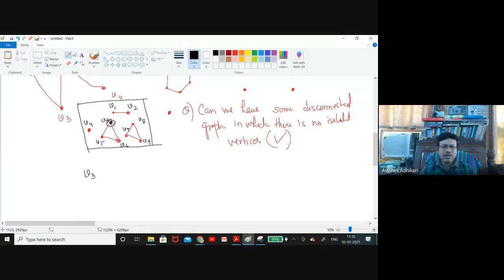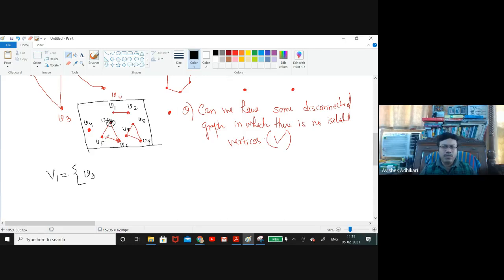First take any vertex and consider a set V1 which consists of all the vertices which are connected with this v3. That means consider all the paths, or all the vertices which you can reach from v3.